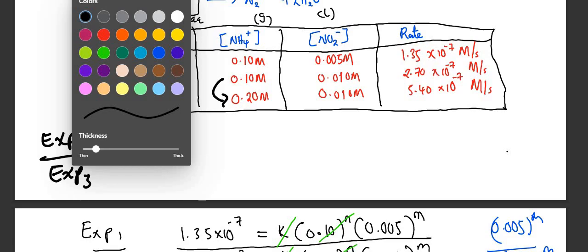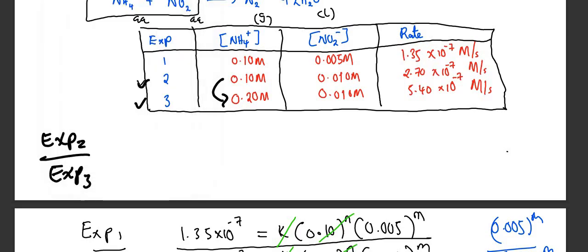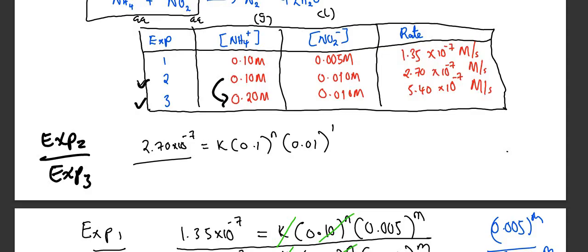So we have the rate. The rate is simply 2.70 times 10 to the power negative 7, equal to K, the concentration 0.1 to the power N, and this is 0.01 to the power 1. We don't care whether this is constant or not because we know it. The power there is N, and M was 1.